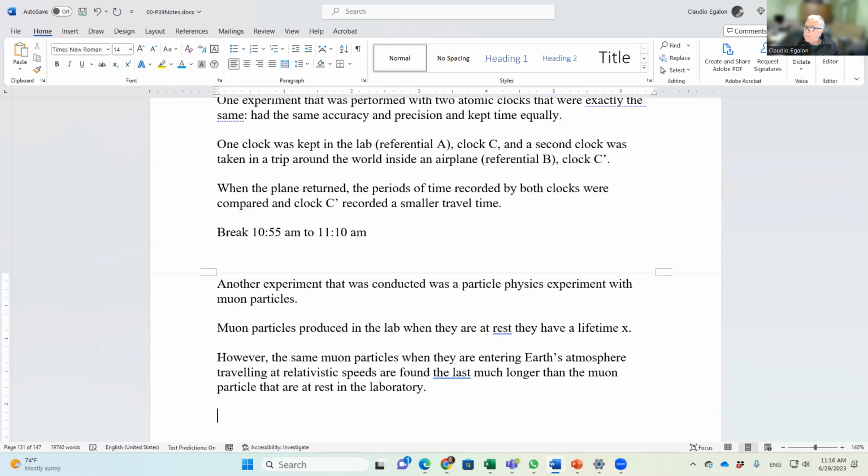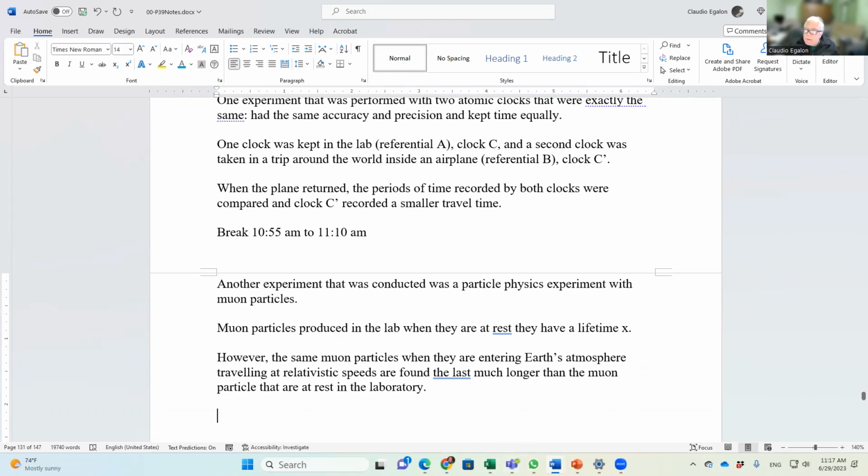Okay, so what we are going to do now, 11:15, right? Let's go a little bit low. Let's see what we're gonna do. Yeah, let's go for another 15 minutes. And let's do the length contraction now.